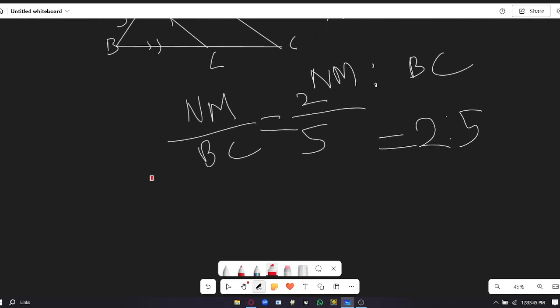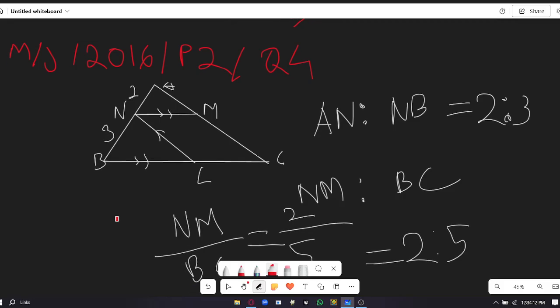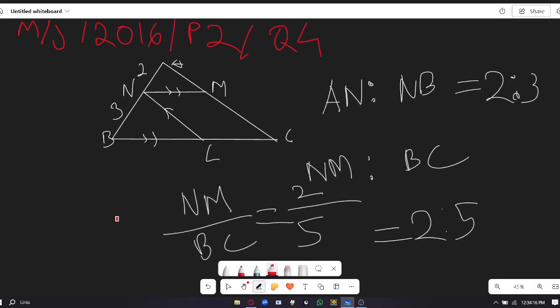Anyways, next. This is to find the area of AMN to NBL. So there's two ways to think about it. It's the side ratio squared, right? The idea is side ratio squared.